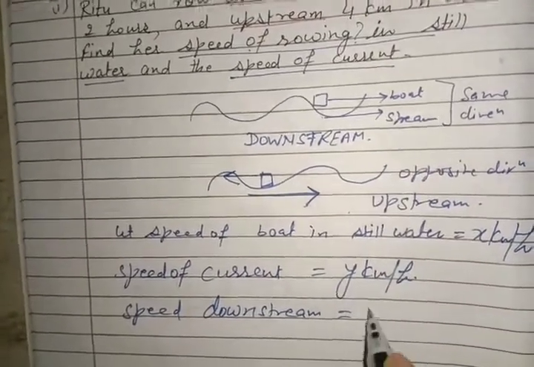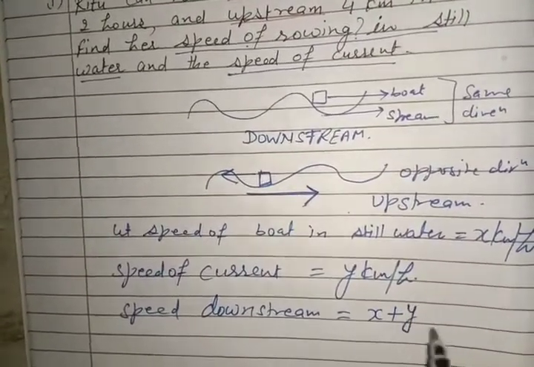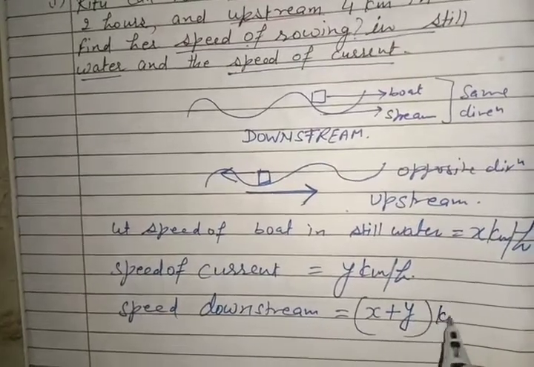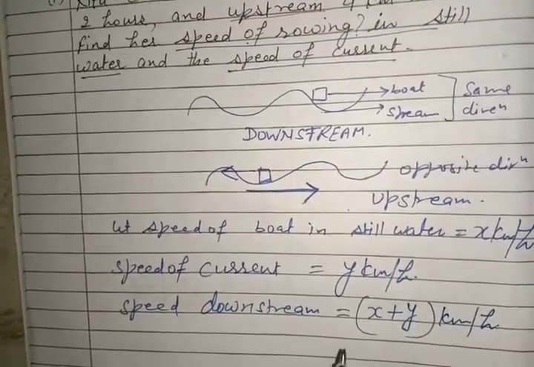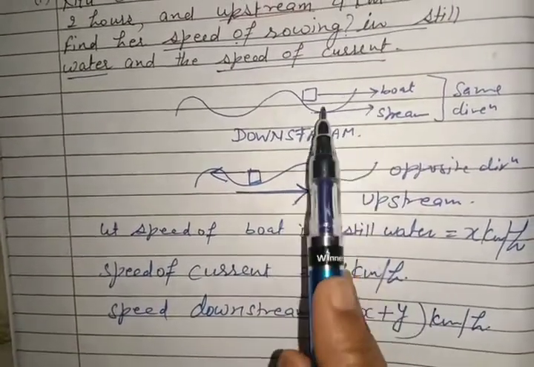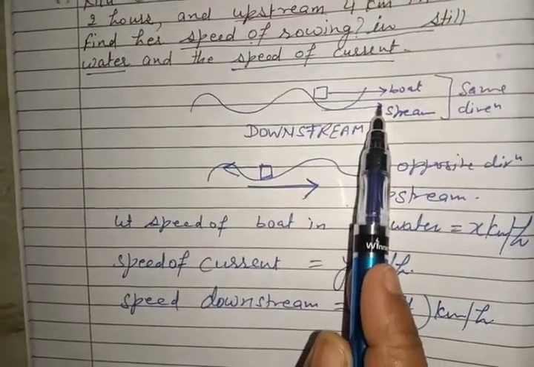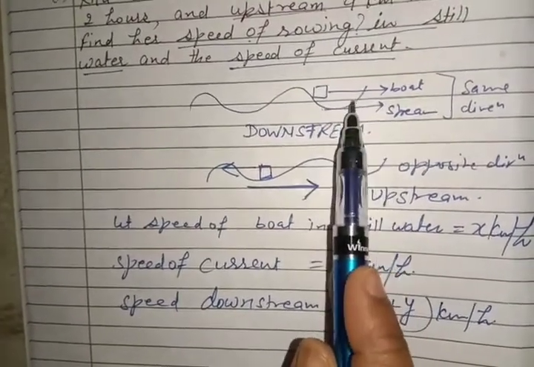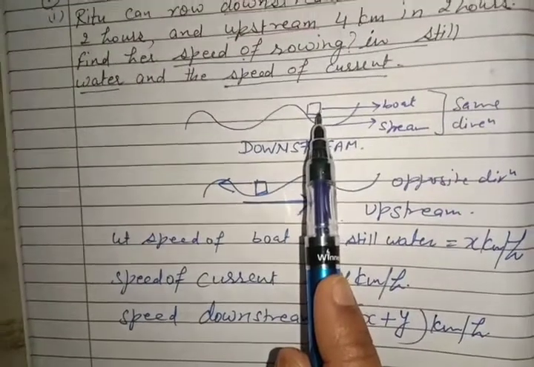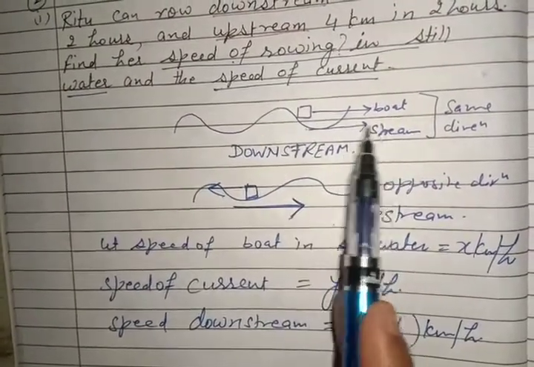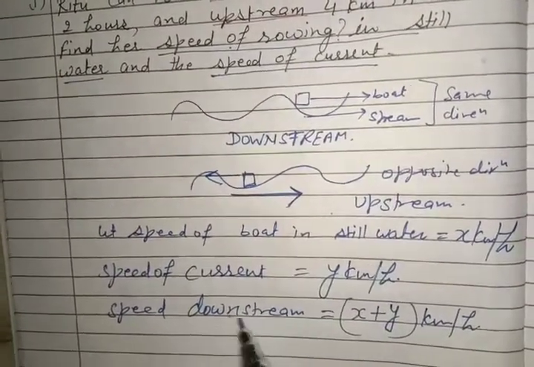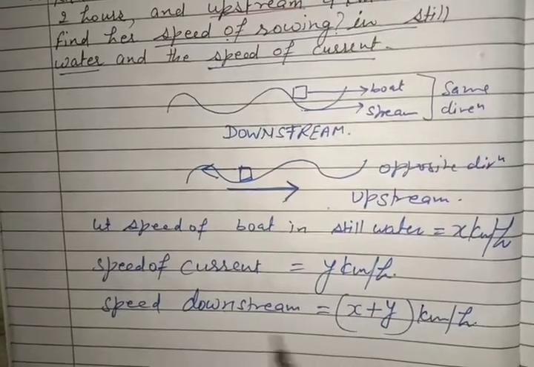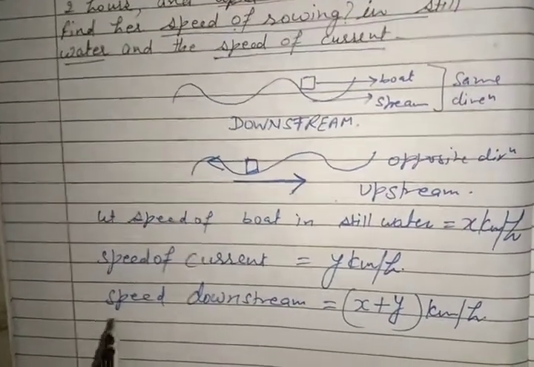So speed downstream is x plus y kilometer per hour, because the boat is going in this direction and the stream is also going in the same direction. If two things are going in the same direction, both are pushing each other in the same direction, so the speed downstream will increase.